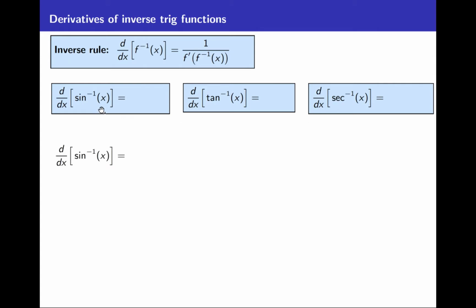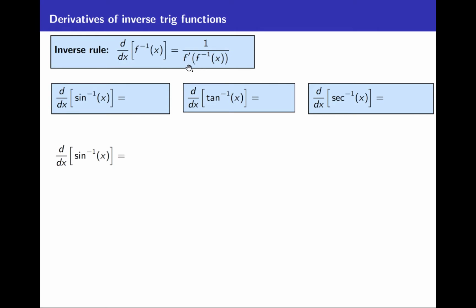Let's start with the derivative of sine inverse of x. We could use our inverse rule where f is the function sine here. So if f were sine, the derivative of sine inverse of x would be 1 over f prime of f inverse of x. Now f prime would be the derivative of sine, and that's cosine, and you're taking f inverse of x.